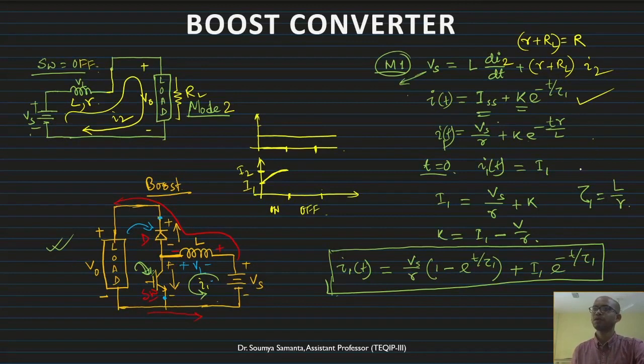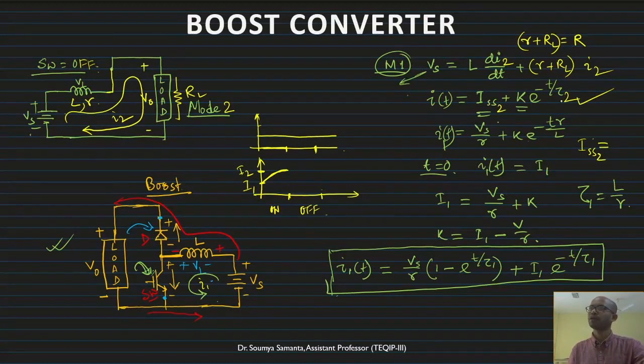Otherwise the expression will be the same. Instead of tau 1, this will be tau 2. Previously it was ISS 1, now it will be ISS 2. It will be different. Now what will be the ISS? For mode 2, the whole equations I am modifying for mode 2, we call it ISS 2.